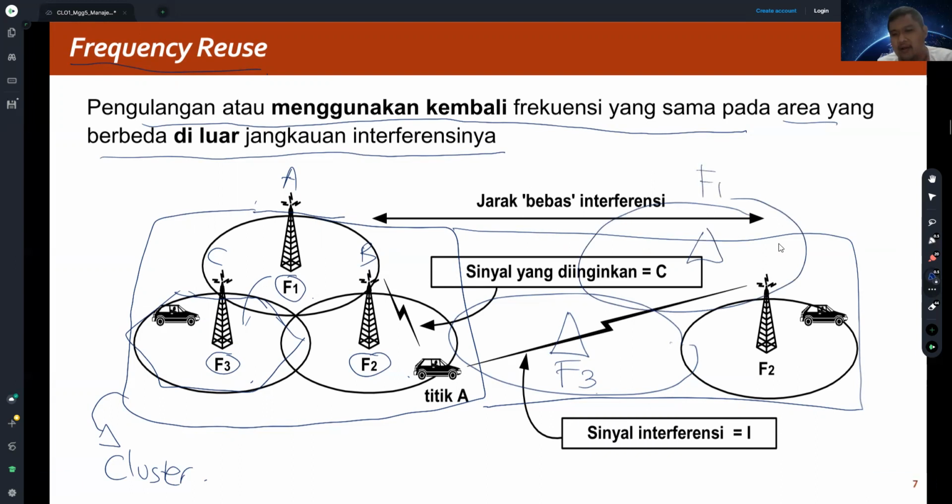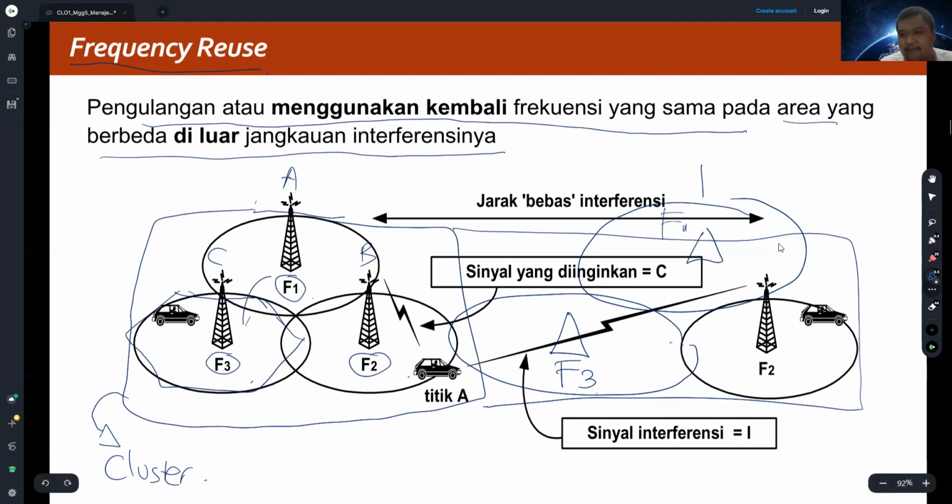If we see in this picture, we could see that from the adjacent cluster, there is no interference between adjacent cells, since cells that have the same frequency will be separated by other cells.